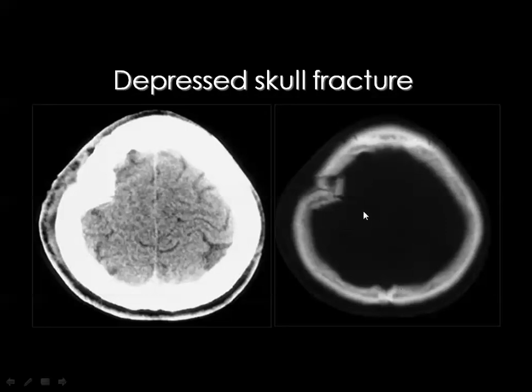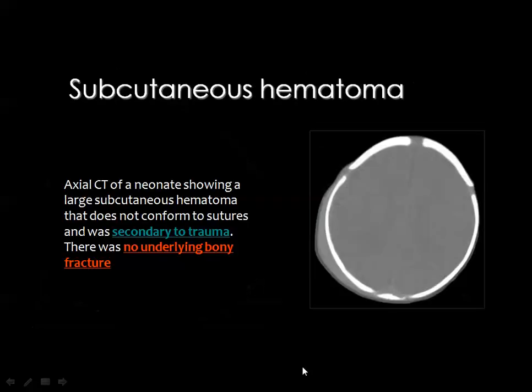Then the skull fractures may be depressed or comminuted like this one and may be associated with intracranial complications and may not. And here is an example of a comminuted fracture of the right parietal bone associated with small subgaleal hemorrhage, but the brain tissue underneath the fracture looks good.